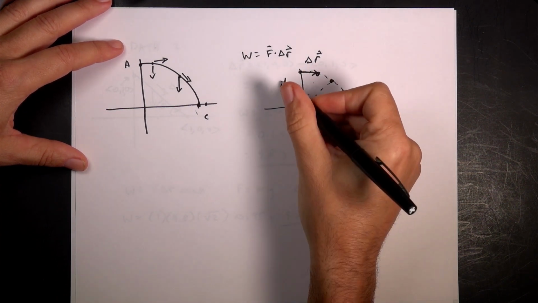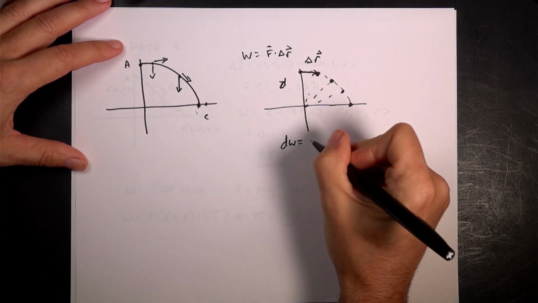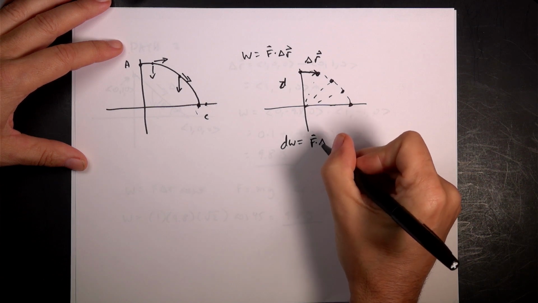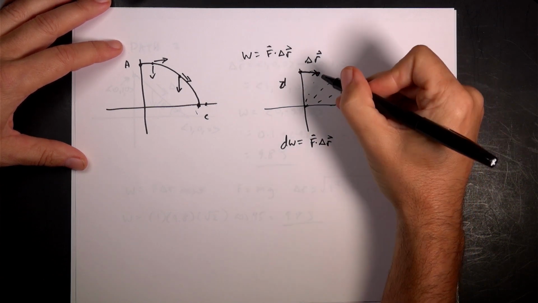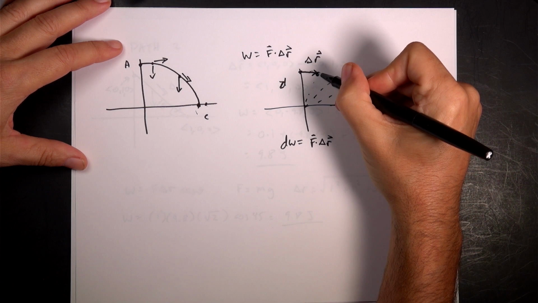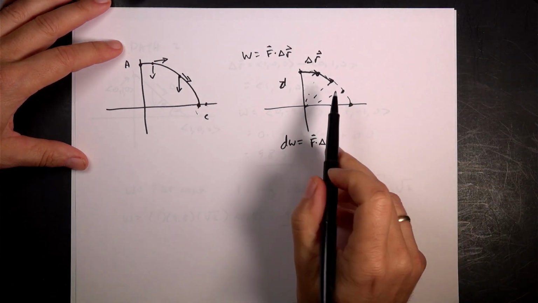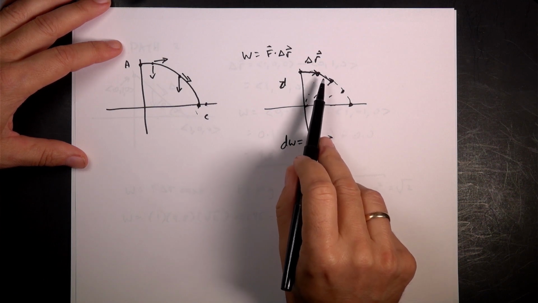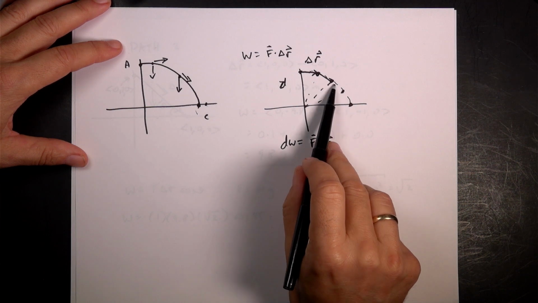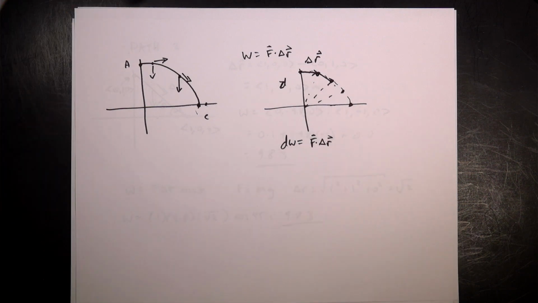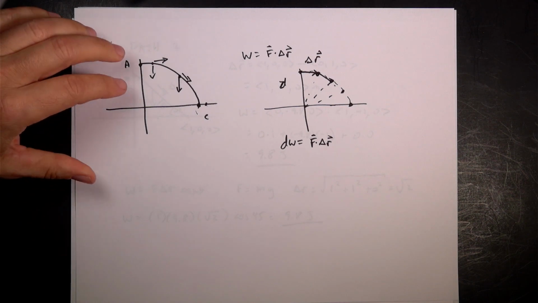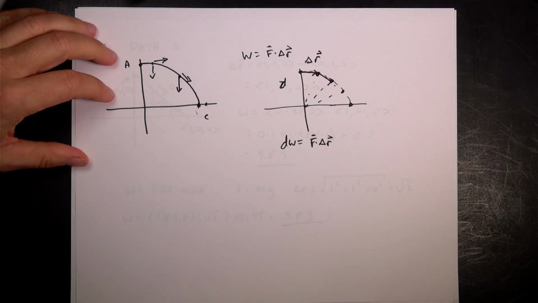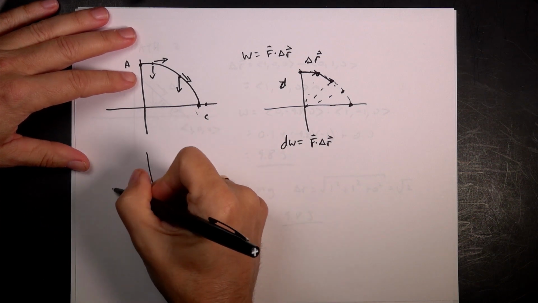So dW is F dot dr. Now I can move my position to right here and have a new dr going this way. If I assume delta r is constant over this path, I can calculate another work, and then add it to the total. Then I can calculate the work along this path and this path. So I can break it into a whole bunch of short paths that are approximately constant. Of course, we could do this on paper, but it'd be easier to do it in Python. So here's what we're going to do.